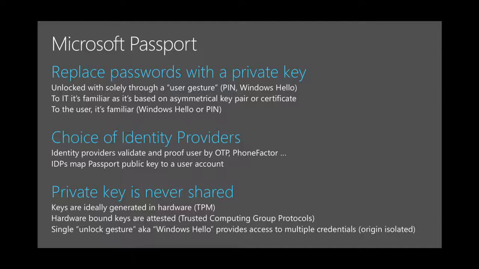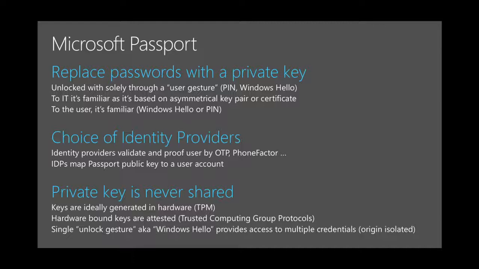It's never shared with anyone, only on the device the user is using. The user only shares his public key with the identity provider, and the identity provider uses this mechanism, like in a PKI environment, to authenticate the user using encryption, back and forth. I'll talk a little bit more about the details of how that works.